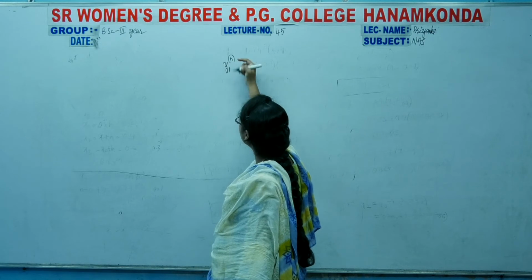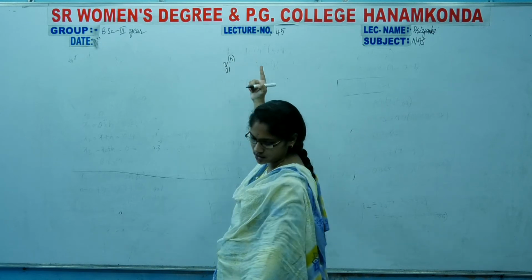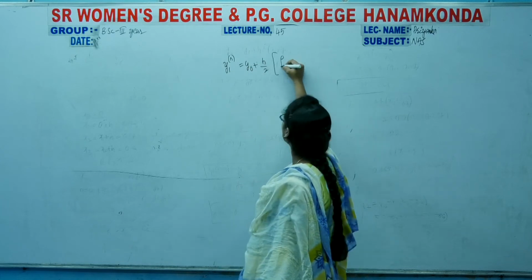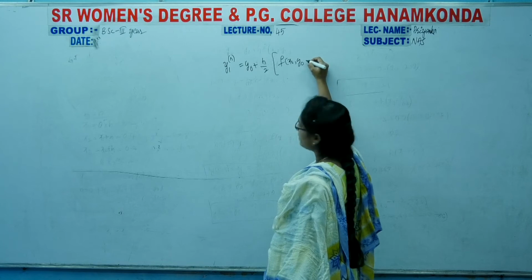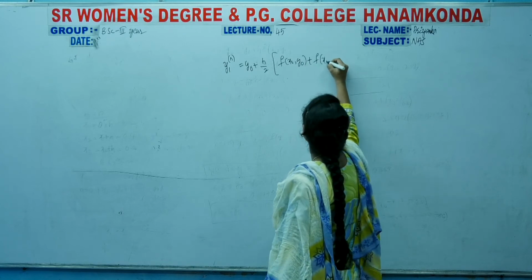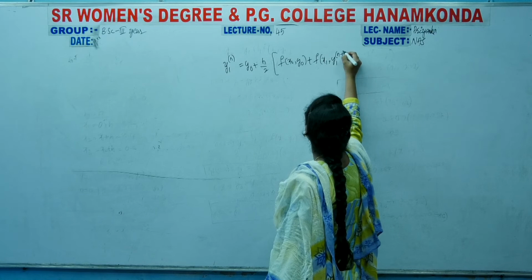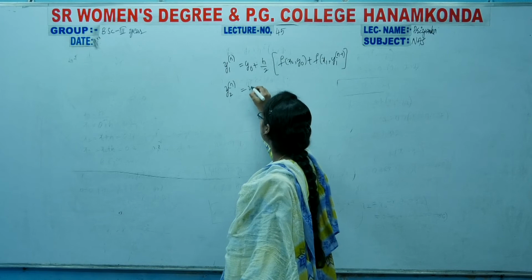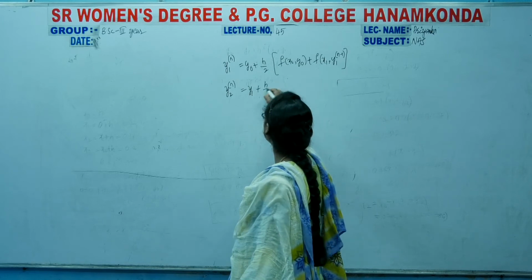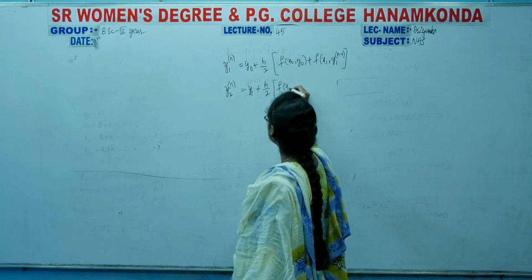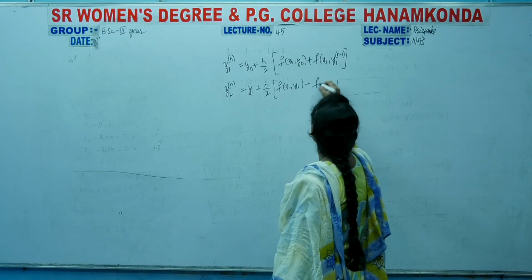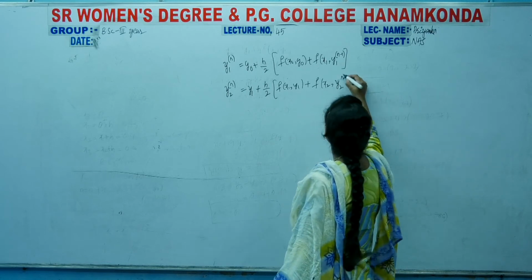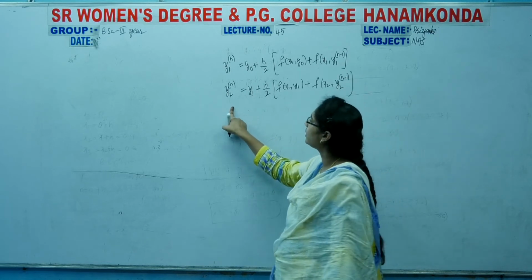This one is denoted with y1 power n, like records, which is equal to y0 plus h by 2 of f of x0 comma y0 plus f of x1 comma y1 power n minus 1. Next y2 power n, y1 plus h by 2 of f of x1 comma y1 plus f of x2 comma y2 whole power n minus 1. So generally here I wrote for y1, y2 power n.